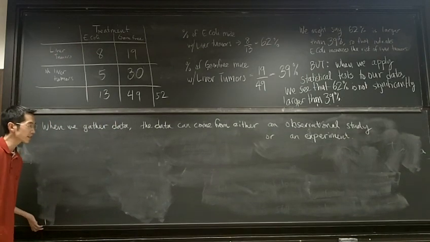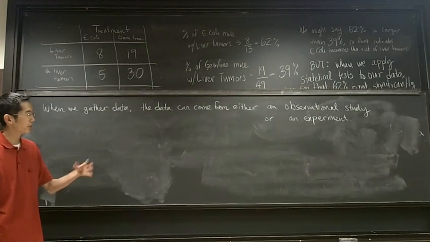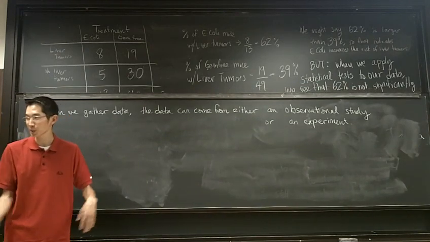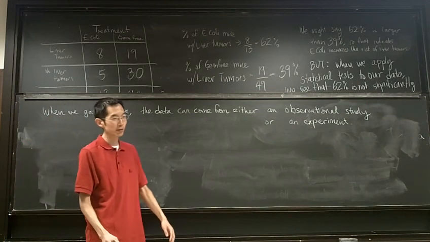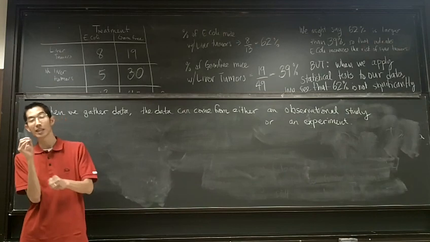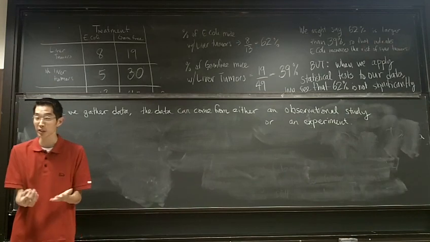And the key difference is that in observational studies, we just observe. We're not interfering with people's lives. We're doing our best actually to not interfere, and we're just observing what happens.